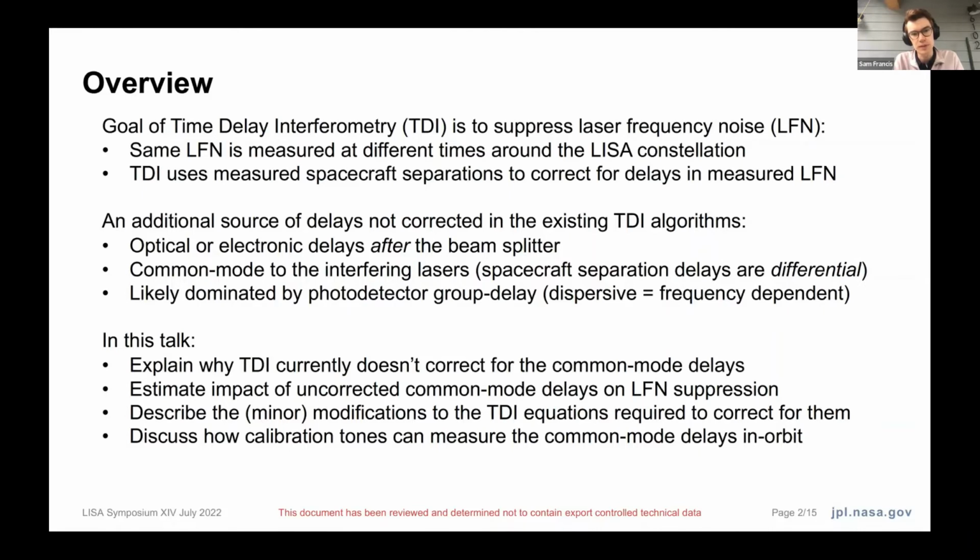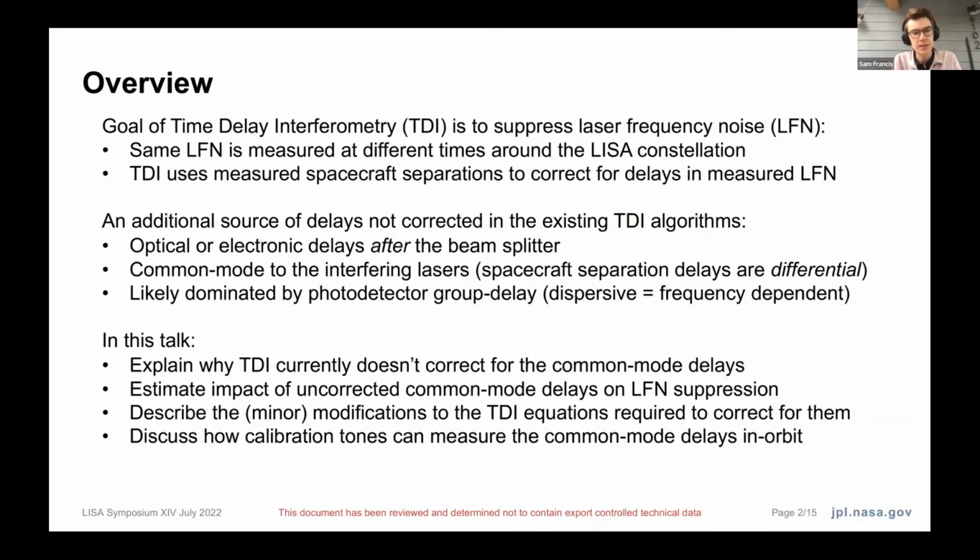In the interferometer, we interfere a laser that has traveled from the distant spacecraft with one that has just propagated across the local bench. Both of these lasers have some frequency noise, and when they pass through the source of these common mode delays, they experience the same delay. This is distinguished from the spacecraft separation delays, which are differential: only one of those laser frequencies sees that delay.